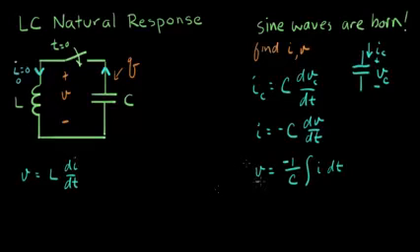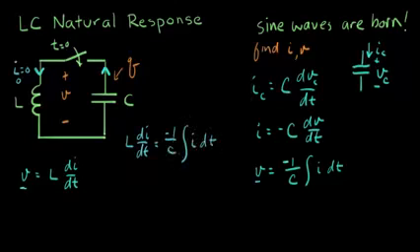So now we have an expression for V on the capacitor, and we have an expression for V on the inductor, and we know that that's the same voltage. So let's set these two things together. So we can say that L di/dt equals minus 1 over C times the integral of I dt.